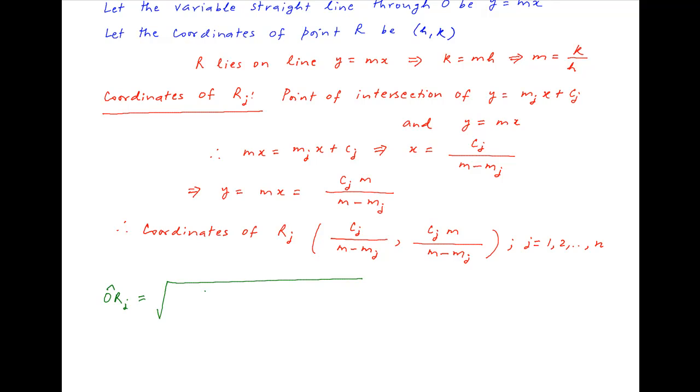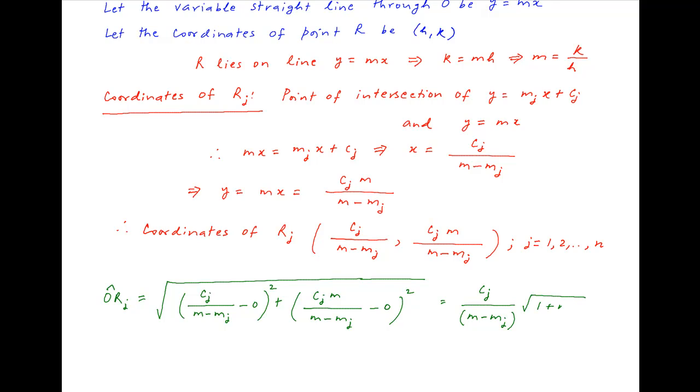Therefore, the distance ORj is equal to square root of cj upon m minus mj minus 0 whole square plus cjm upon m minus mj minus 0 whole square, which simplifies to cj upon m minus mj multiplied by square root of 1 plus m square.